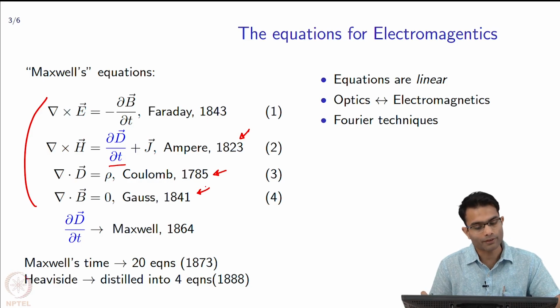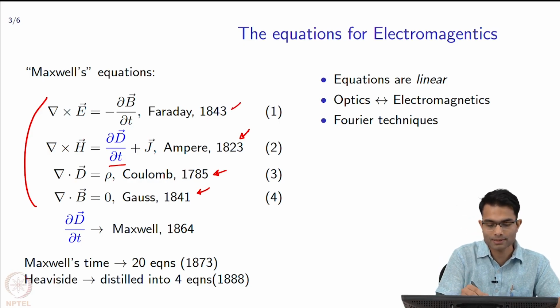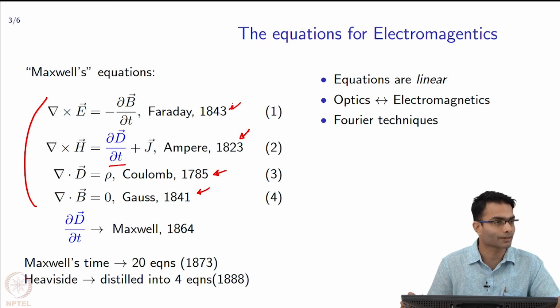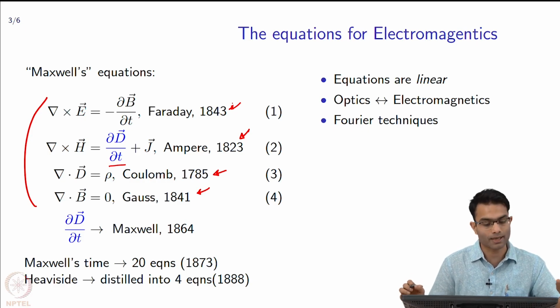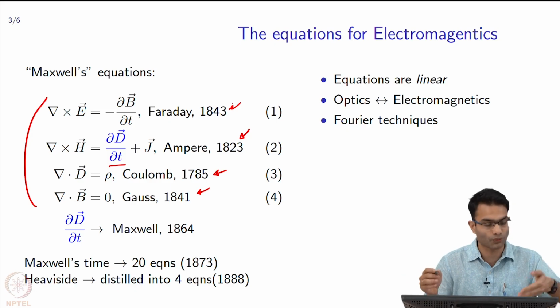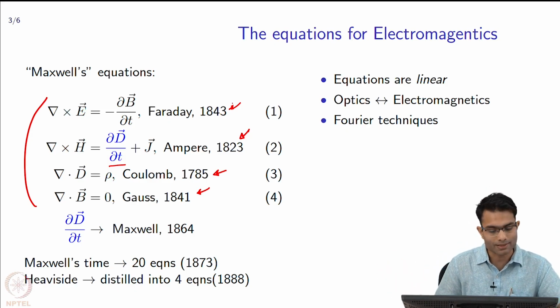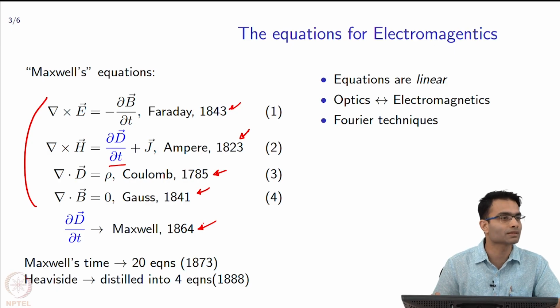And then Faraday finally had an equation which related the electric field to the magnetic field. But at that time, these equations were not just 4 equations, they were written in some different format, there were plenty of them. And it is actually Maxwell who came in 1864 who said that there is an inconsistency in these equations.